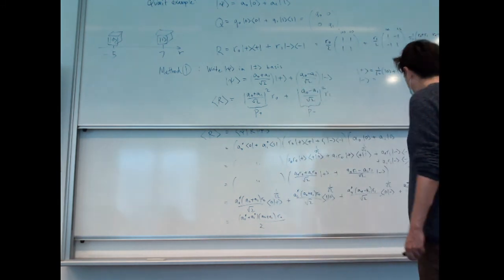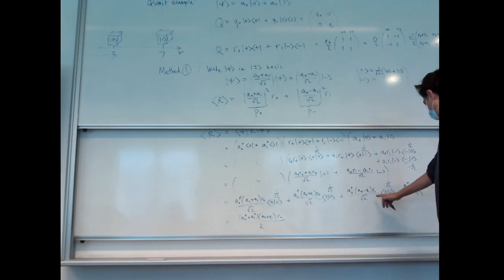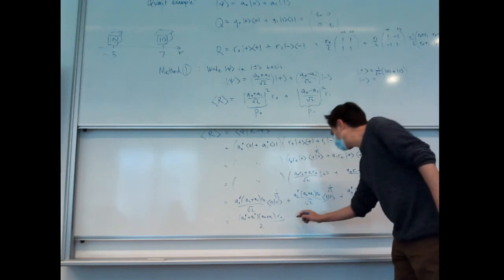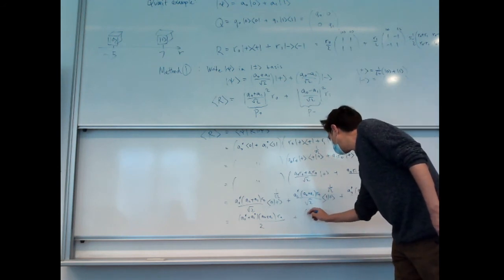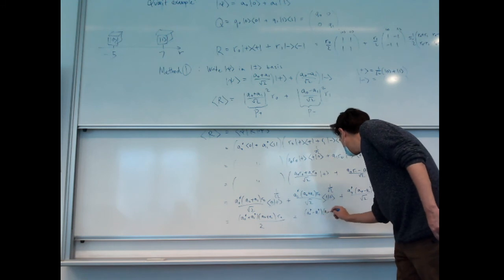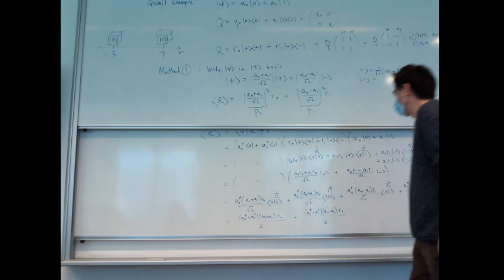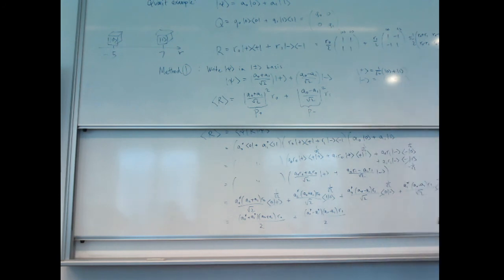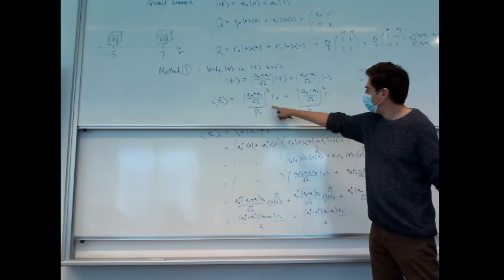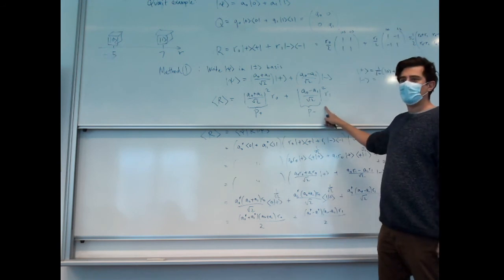Okay, looking good. And here we've got A0 star minus A1 star, so A0 star minus A1 star, A0 minus A1, R1 over 2. And you can see that that's equal to that, and that's equal to that.